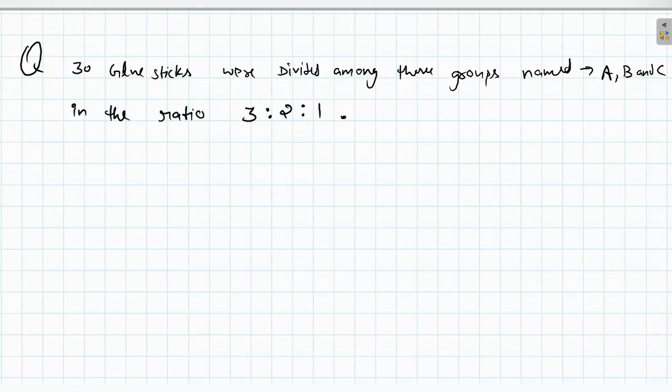The question is to calculate how many glue sticks each group receives.